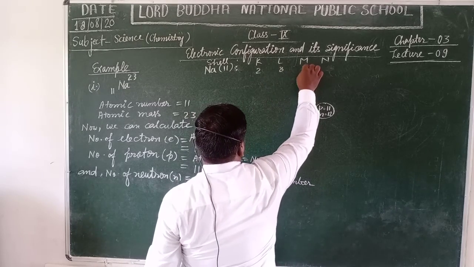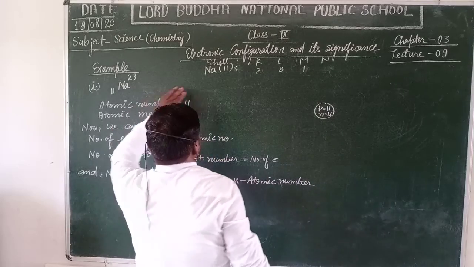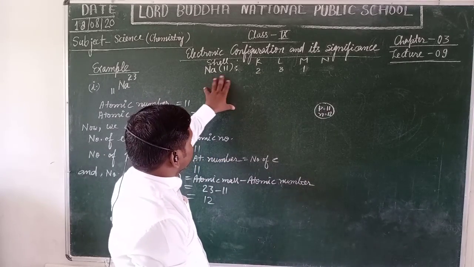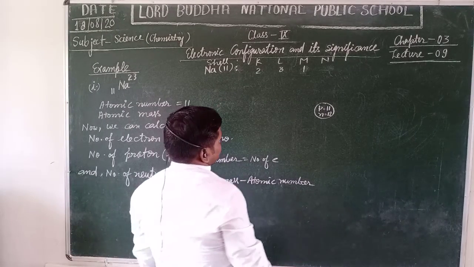Yes students, 2, 8 and 1 make 11 electrons present in the sodium atom.